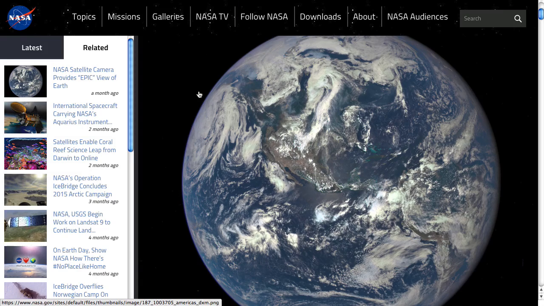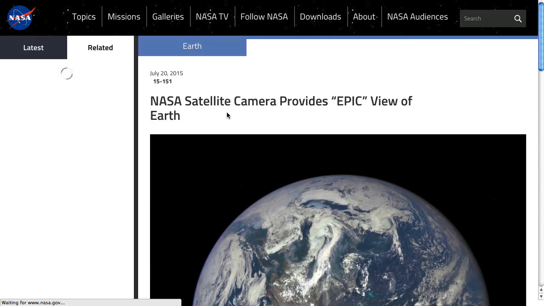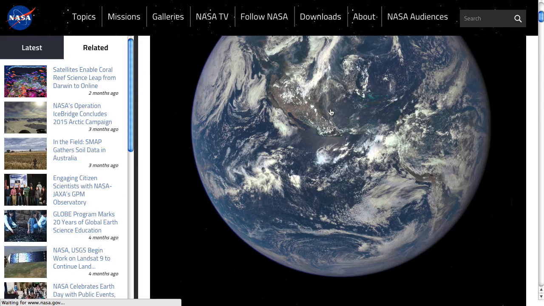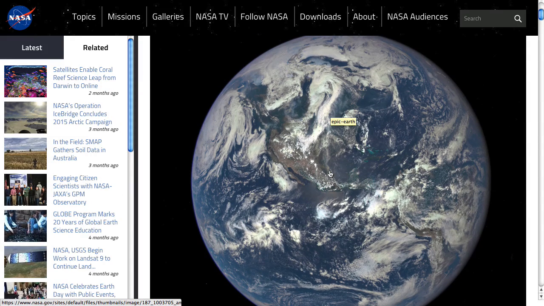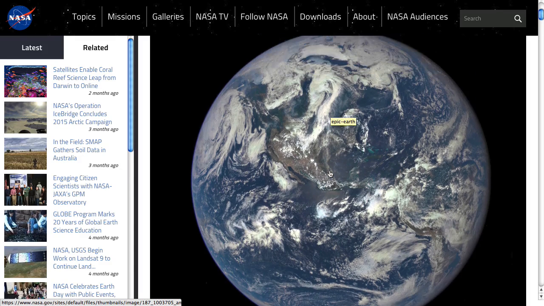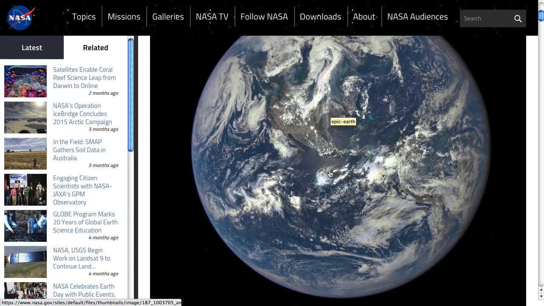But the most recent picture that NASA showed us was taken 1 million miles away from Earth, showing that the Earth is a perfect ball.